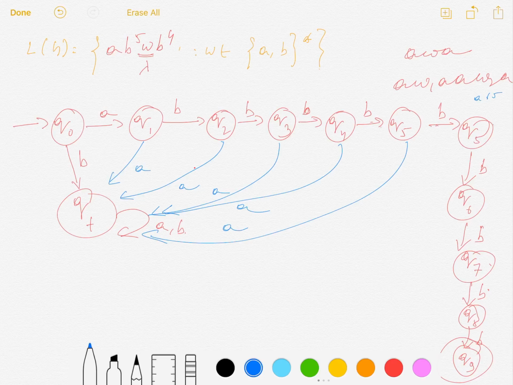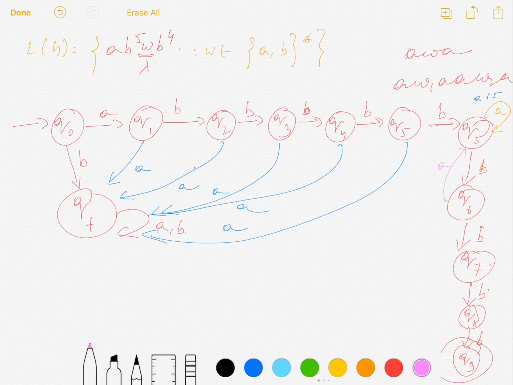So in this case, if a comes, it will remain in the same state. Now after getting consecutive a's, if it gets b, then it will assume that b is one of the last 4 b's, and it takes this b and goes to the next state, the valid input. Now in between this, if a comes, then it should return back to q5.